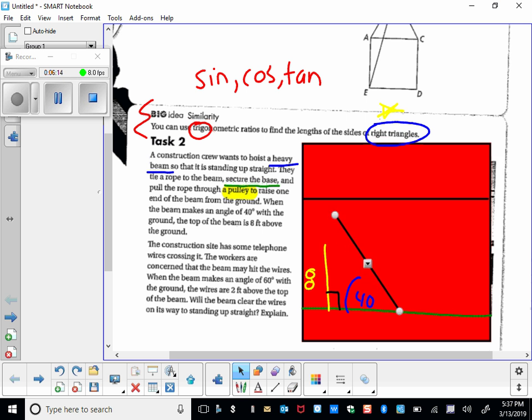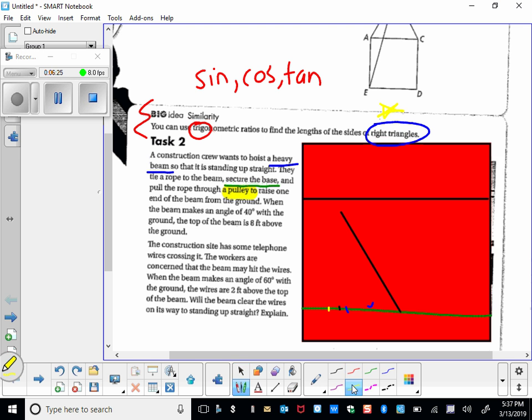If I were to get this a little bit closer to the beam, draw a line from the top of the beam to the ground, which will make a 90-degree angle. And then they're saying this new angle between the beam and the ground is 60 degrees. So now there's a 2-foot gap right here between the beam and the wires.